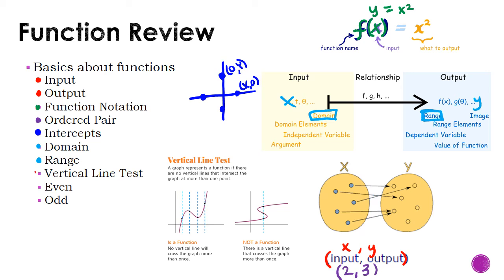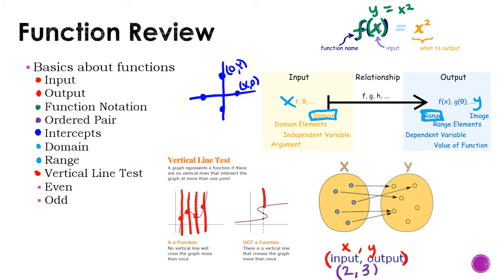Vertical line test. When looking at a graph, we have a function if I can draw a vertical line and it only passes through the graph at 1 point. 1 point, 1 point, 1 point, and I could do that over and over again.